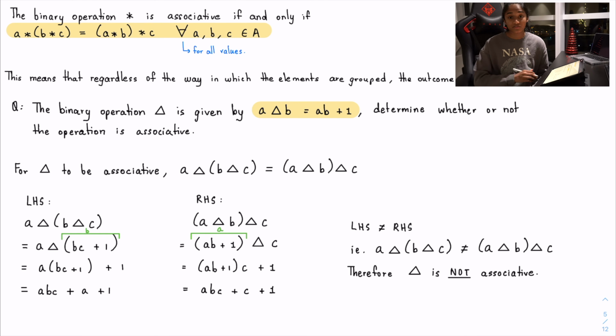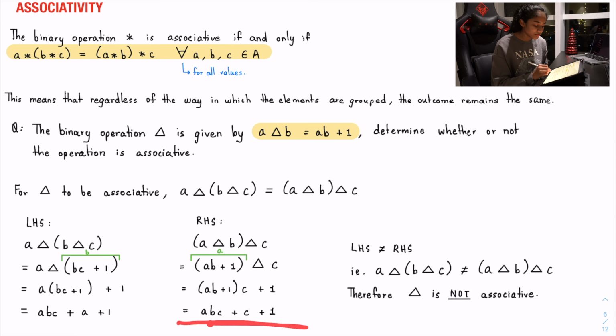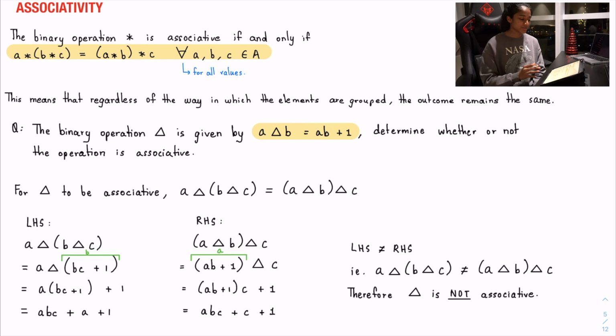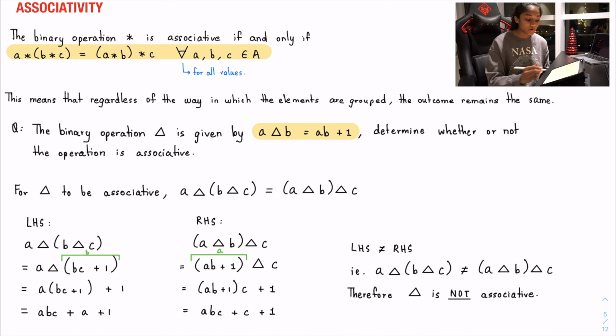So now we have to do the same thing on the right-hand side, and we're going to treat this as A triangle B, then triangle C, and then continue here. And then you can see we conclude ABC plus C plus 1, which is not equal to the left-hand side, and therefore it is not associative. And you have to write your statement at the end that it is not, and why.